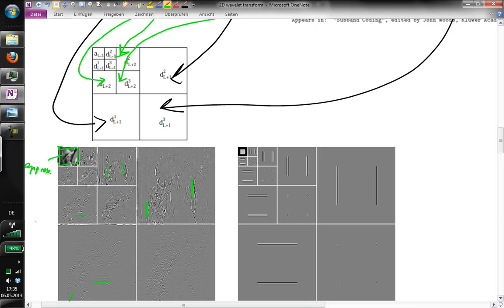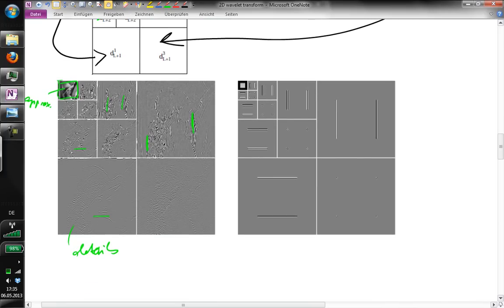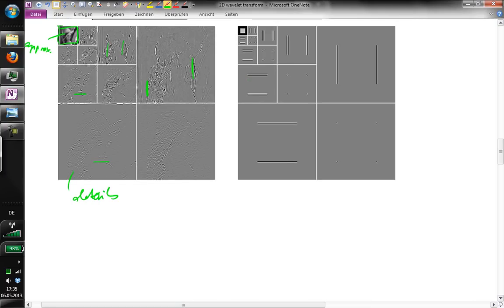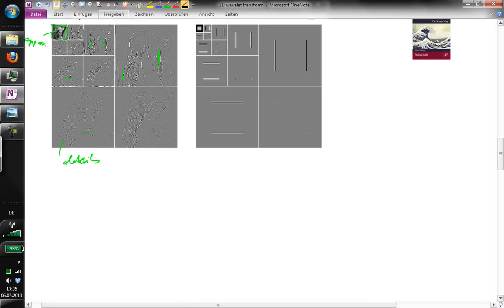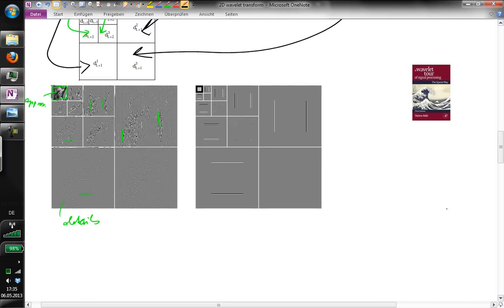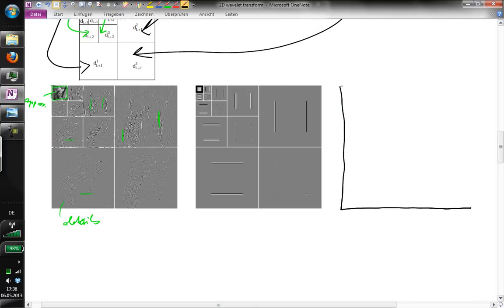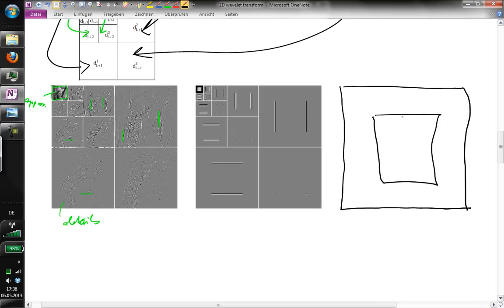Perhaps more illustrative is the example on the right-hand side. So this was originally an image of a gray square on a black background. So the original image had exactly as many pixels as the full wavelet transform. This was the size of the original image, and it showed a gray square on a black background.